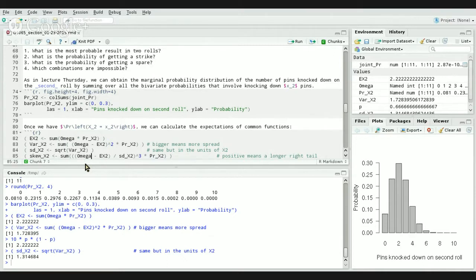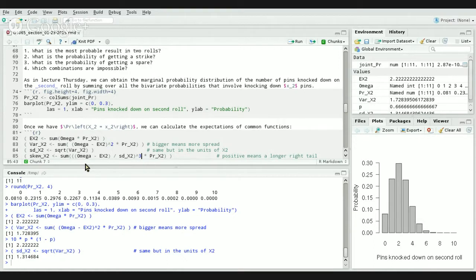However, if some element of omega were more than 1 standard deviation away from its mean, this function in parentheses here is going to be greater than 1, and when we cube it, it becomes much greater than 1 at a pretty fast rate. Conversely, if some element of x were at least 1 standard deviation below its expectation, then you would have a number that is less than -1 being cubed, and that is going to become a much more negative number at a fast rate.